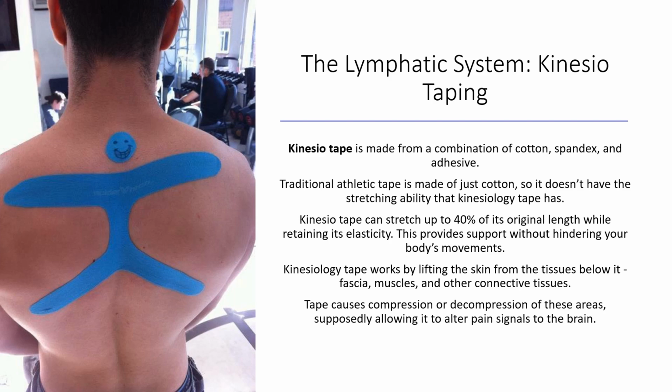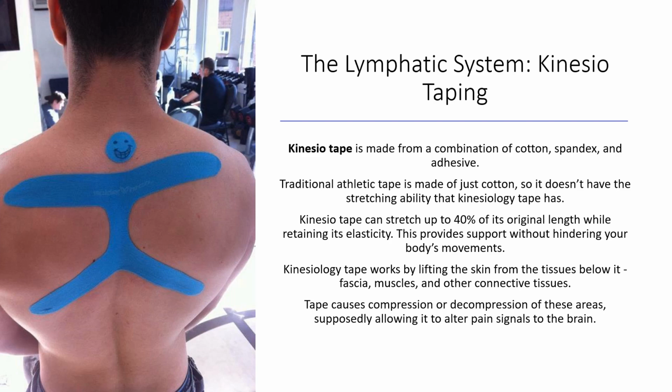So when I've got it on here, I was actually trying to correct a slight kyphosis and rounding of the shoulders. Stretching the tape allowed me to pull my shoulders back, which essentially allowed me to focus on that new position. My brain was now focusing on the new position, so rather than slouching forwards, it was more interested in feeling where the tape wanted me to be.